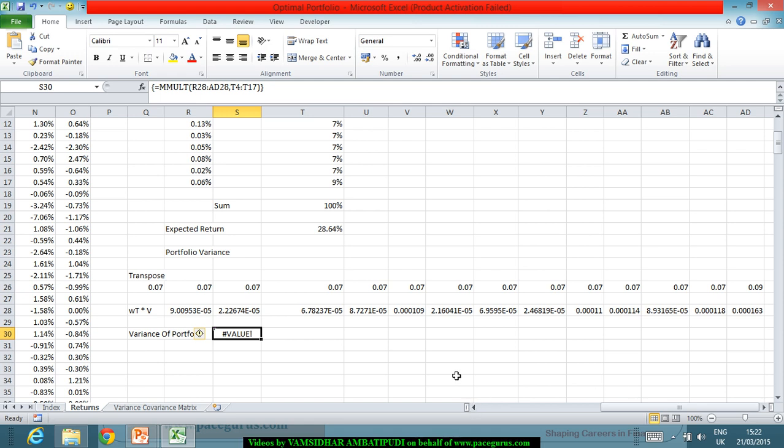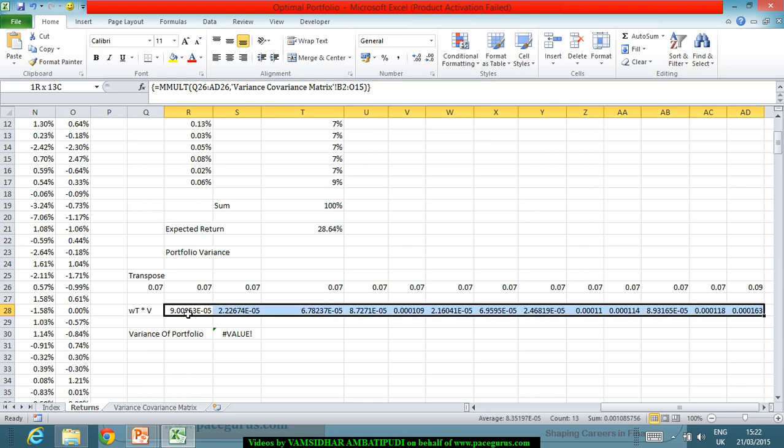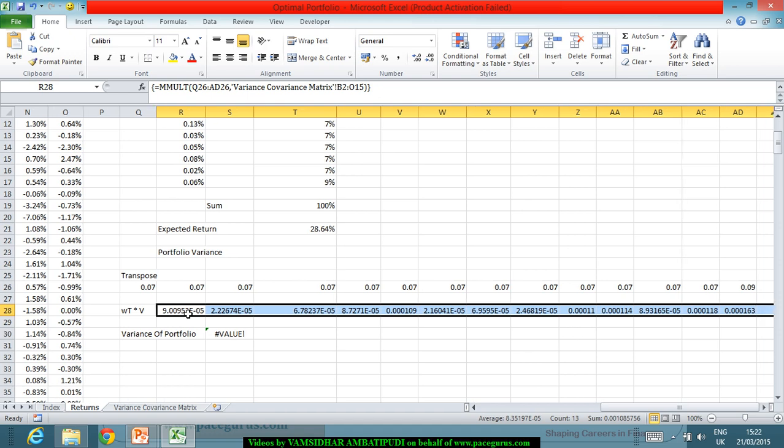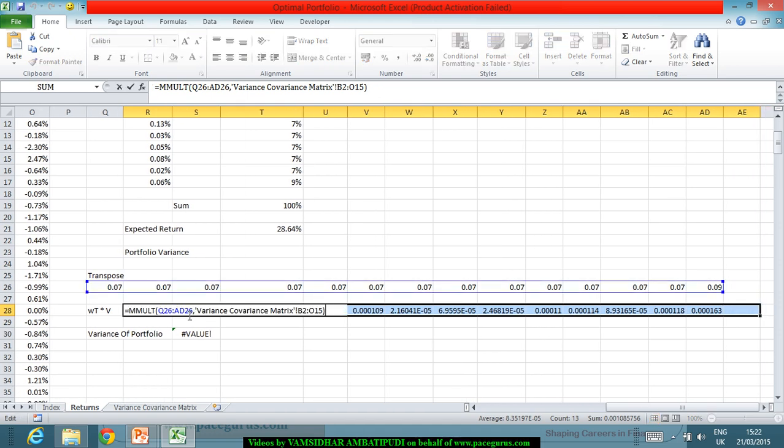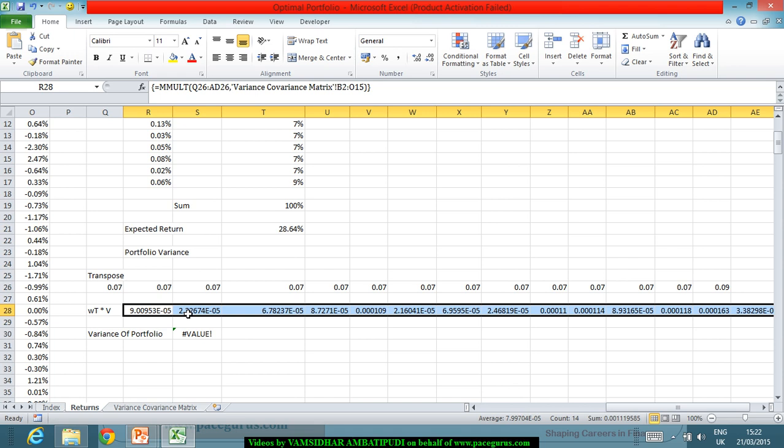This is a 1 by 14 matrix, and that's a 14 by 1 matrix. Let me check how many are there. Only 13 are there. Probably I have to do it for one more row. The same logic. Okay, so these are the 14.